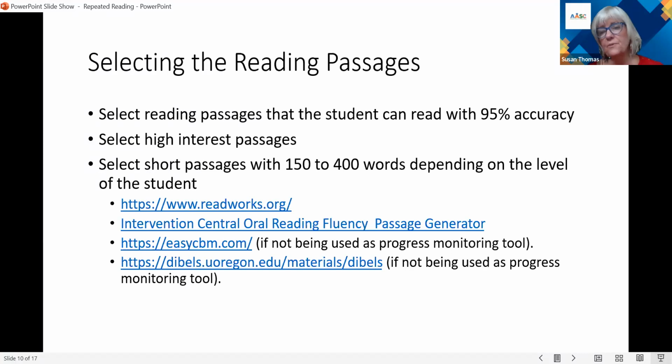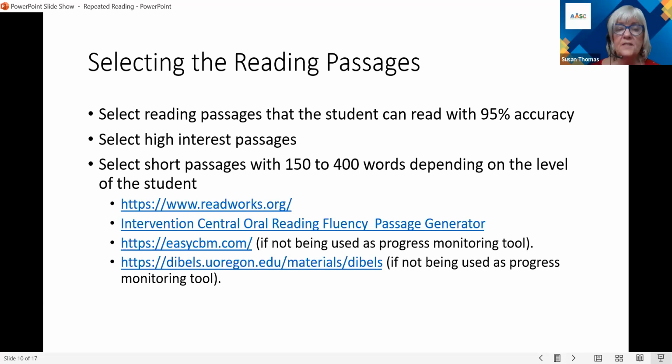When I first started doing repeated readings, we didn't have all the things we have now, and I used graded text. So select reading passages that the student can read with about 95% accuracy. Select high interest passages, particularly for students who are struggling. And then select short passages with anywhere from 150 to 400 words, depending on the level of the student.